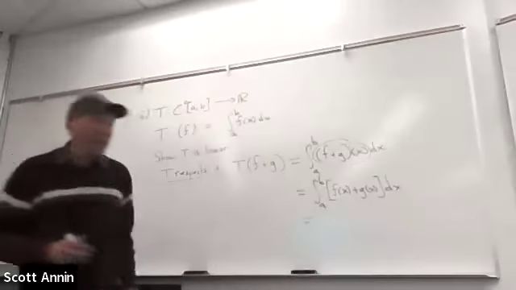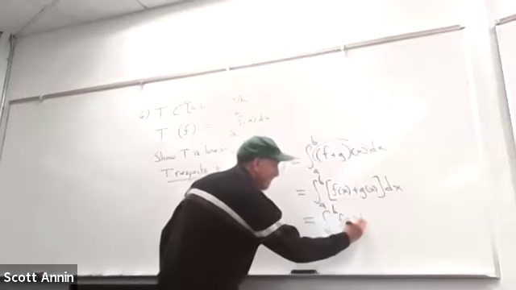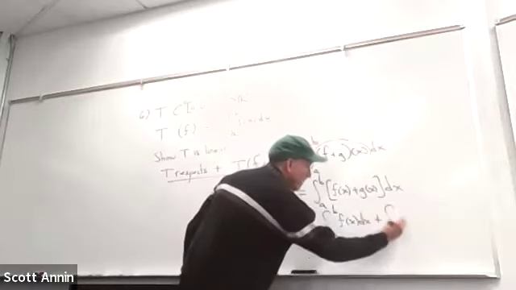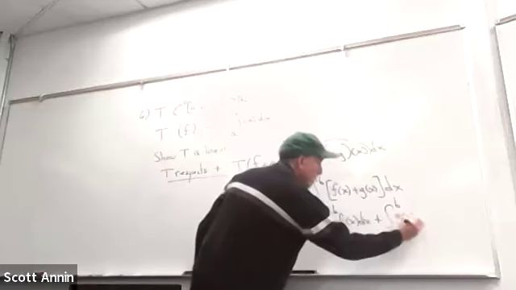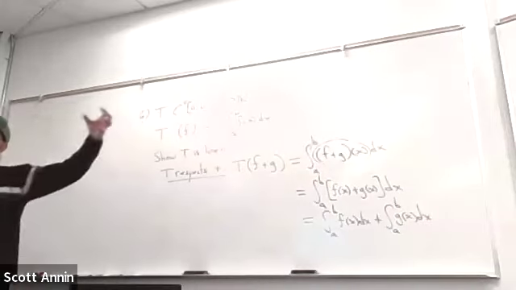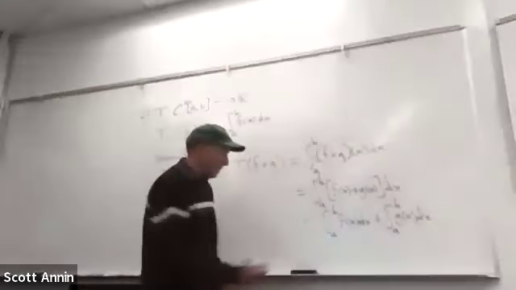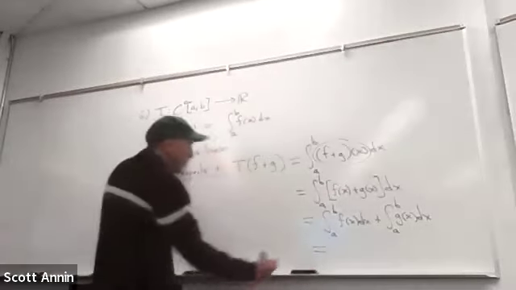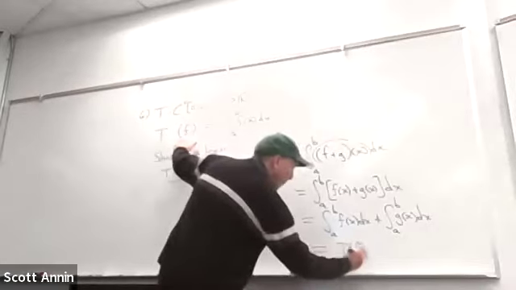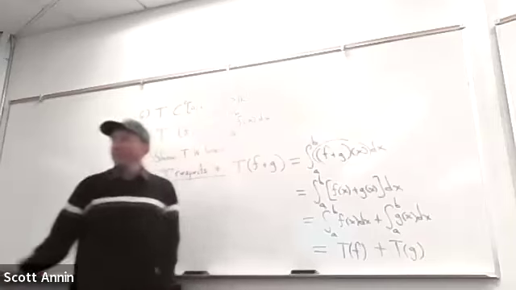We know this from calculus as well. This is just the integral from a to b of f of x dx plus the integral from a to b of g of x dx. Just make it into two separate integrals, right? Pull them apart like that. And now you see that you're basically getting what you want, which is the first part is T of f, and the second part is T of g.